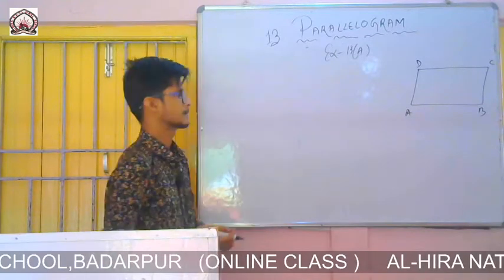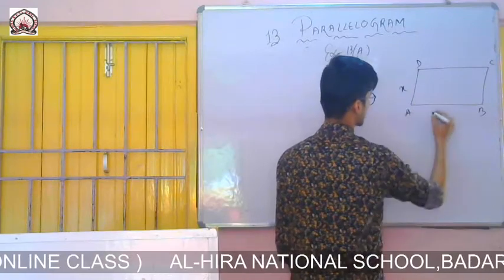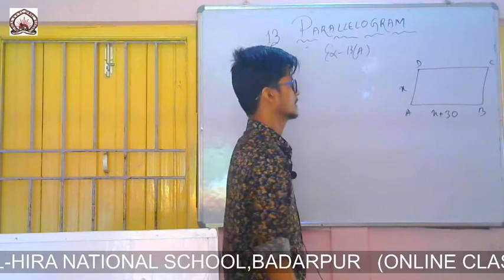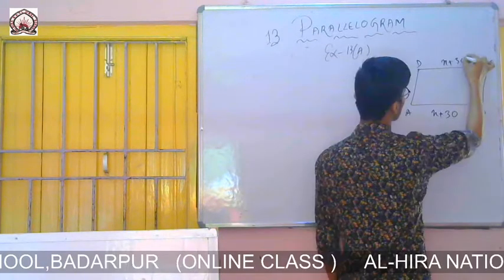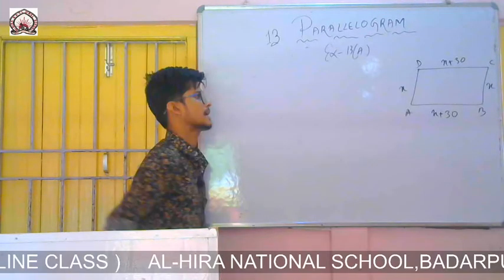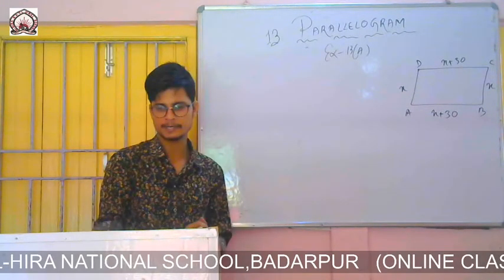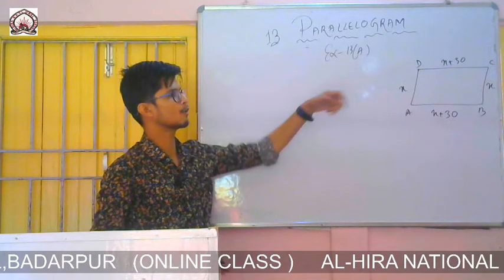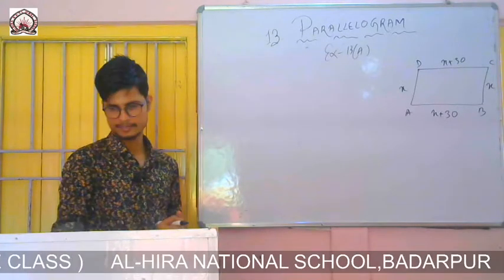If I take the smaller side as x, then the greater side will be x plus 30. The opposite sides will be the same, so these are the 4 sides. The perimeter is 180 centimeters, so adding all the 4 sides gives 180, and from this we can get the value of x.